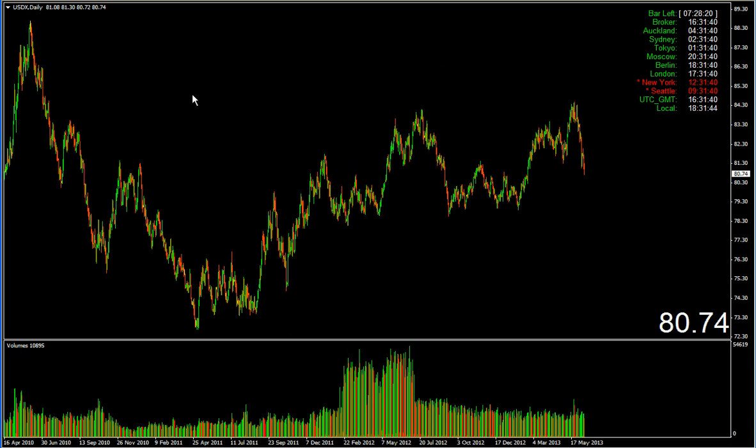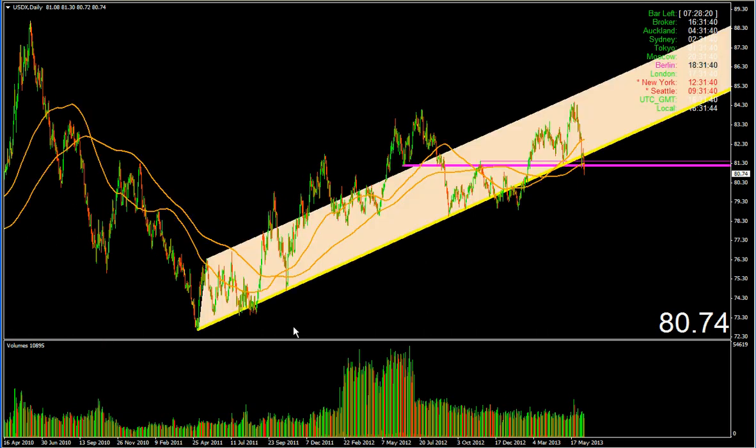So I chose a bigger picture, and the interesting point is the following. Look at this. Here we've got this upside trend channel, if you want, with lows in 2011, lows in 2012, creating this channel, and even the high in 2012 and the high in 2013.